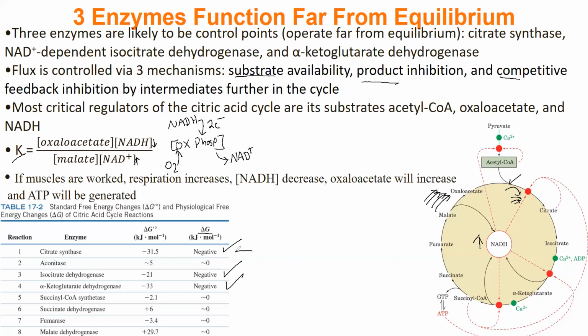So our 3 main enzymes that we talked about are inhibited by high levels of NADH, because as we talked about, NADH means energy. If you have a lot of NADH, don't run the citric acid cycle.